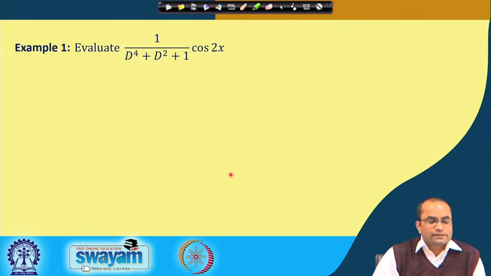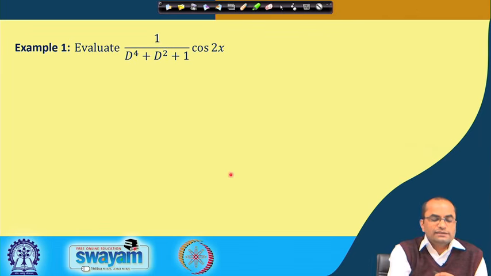Let us take an example based on this. We would like to evaluate 1 over d power 4 plus d square plus 1 applied on cos 2x. This is a particular integral of a differential equation.